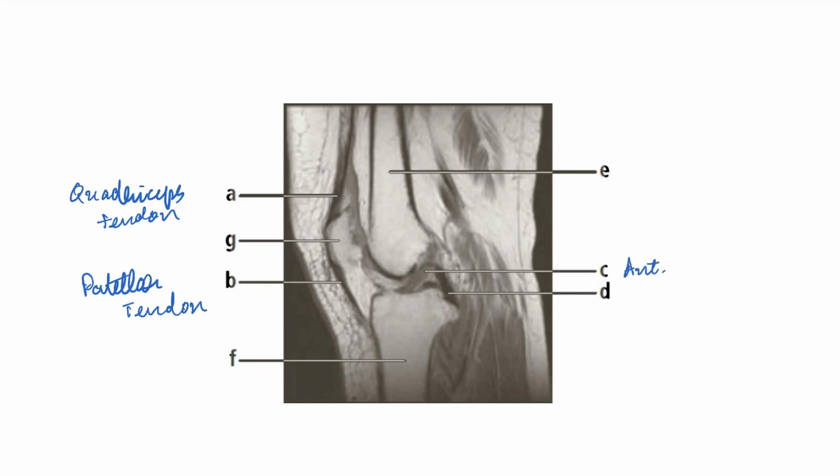C is anterior cruciate ligament. D is posterior cruciate ligament. E is femur, and F is tibia. G is patella.